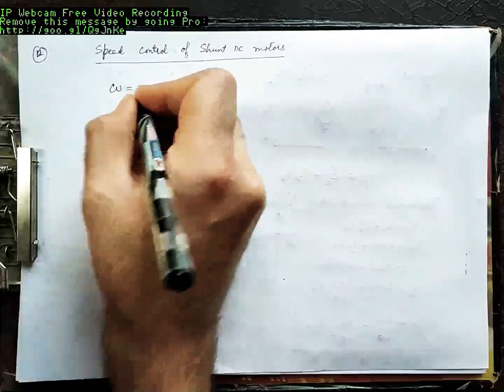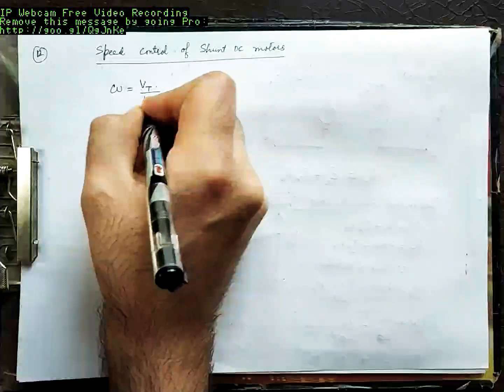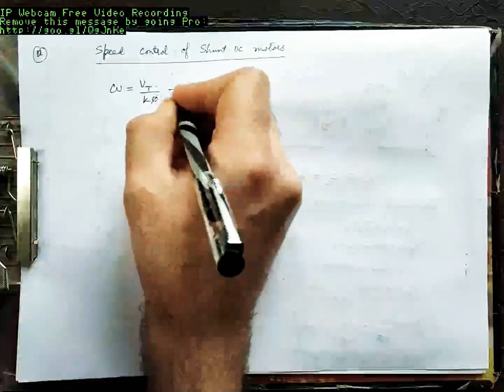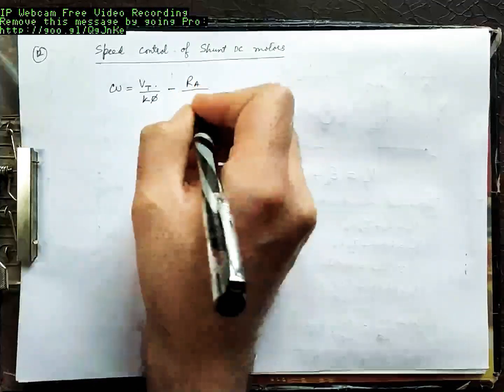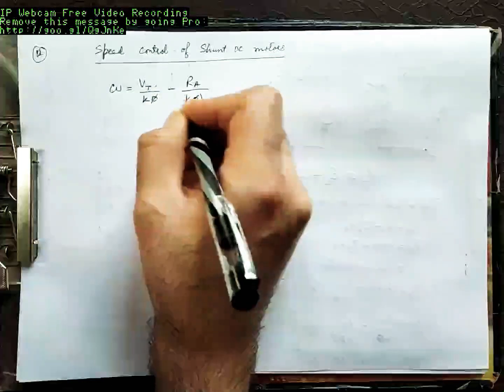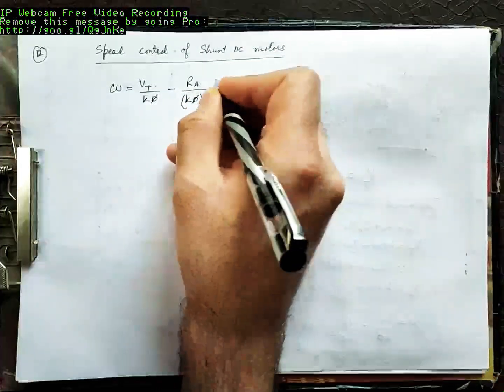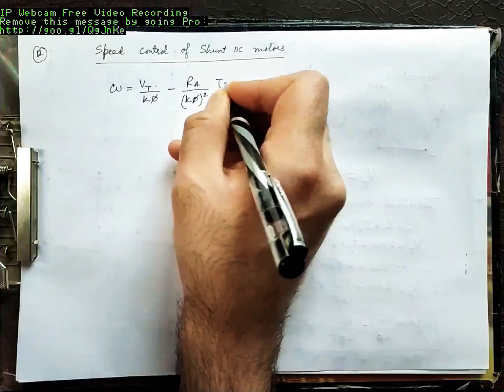We know speed omega is equal to Vt divided by K phi minus Ra divided by K phi square into tau induced.